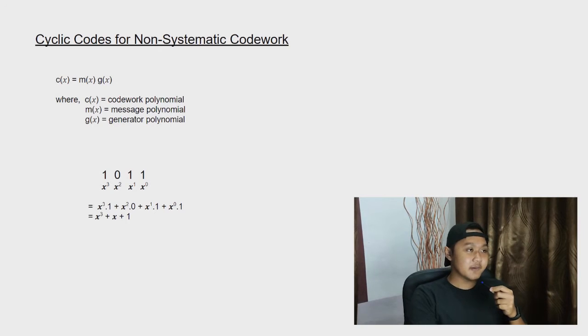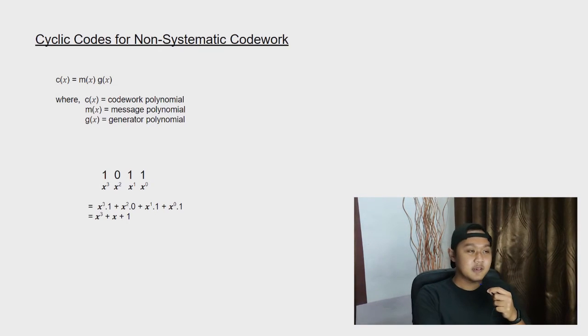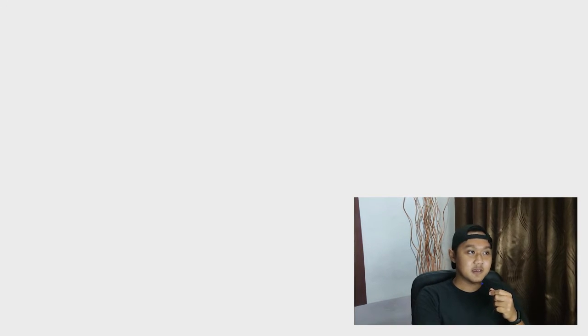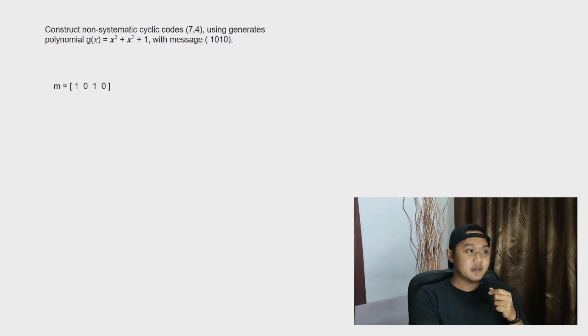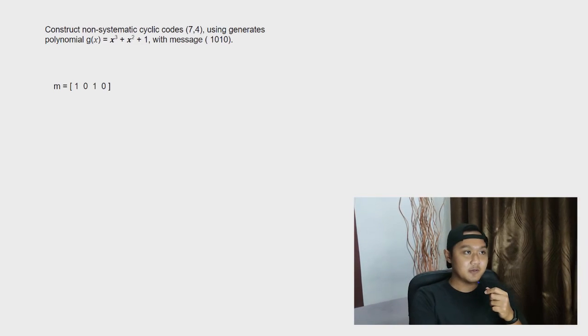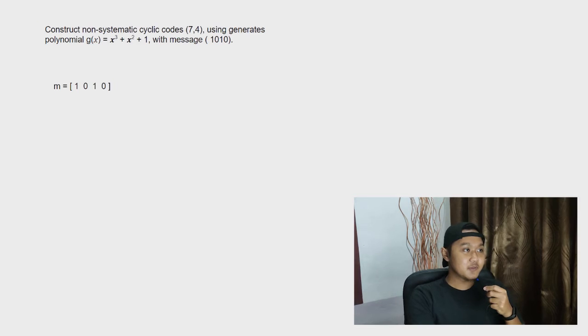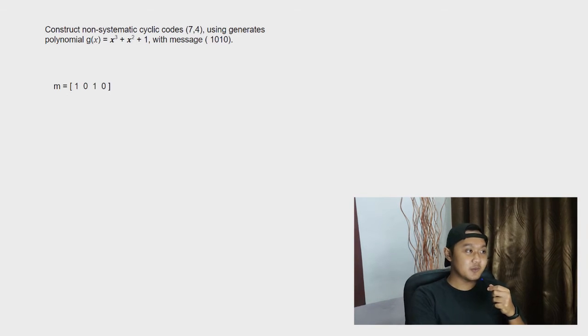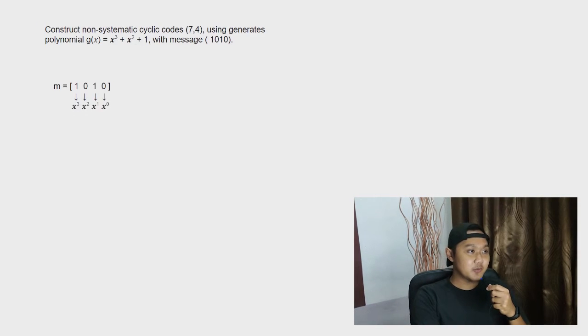Okay, here is another example of the non-systematic cyclic code. Construct a non-systematic cyclic code from the given message and generator polynomial. The generator polynomial is G(x) equals x to the power of 3 plus x to the power of 2 plus 1, with the message 1010.